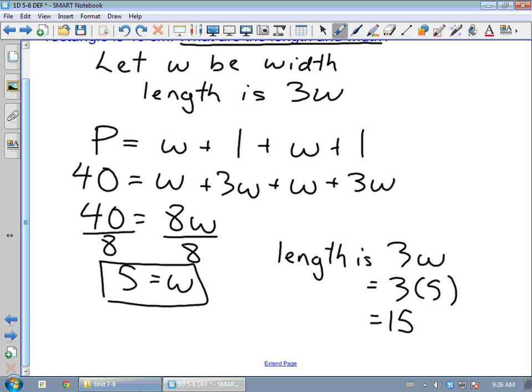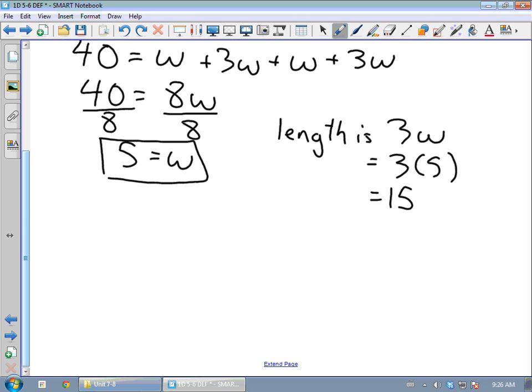Okay, so back to the original question here. We're asked for the length and the width. So let's make our sentence at the very end here. Therefore, the length is, let's see, which one is our length? Oh, our length is 15 centimeters. Okay, we got to put in our units here at the very end.